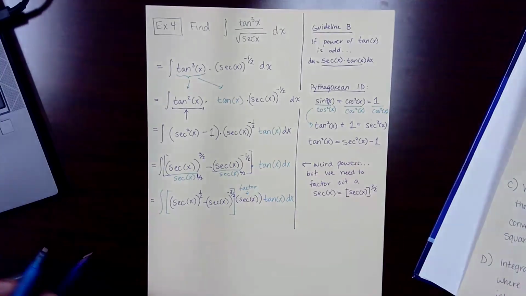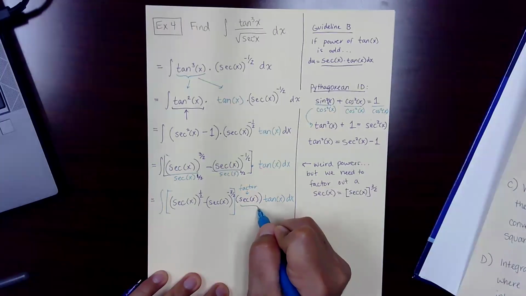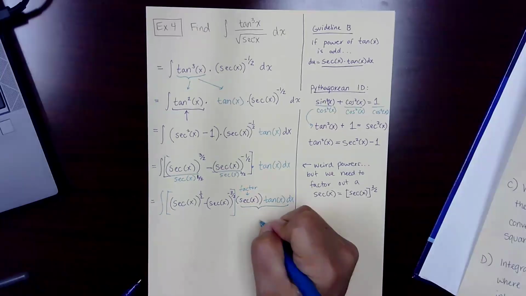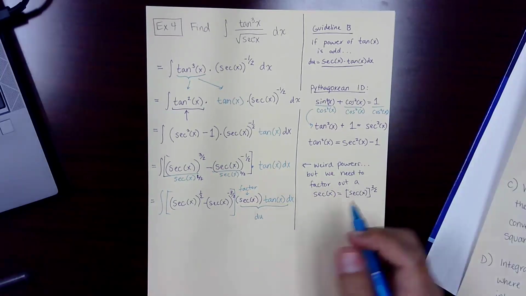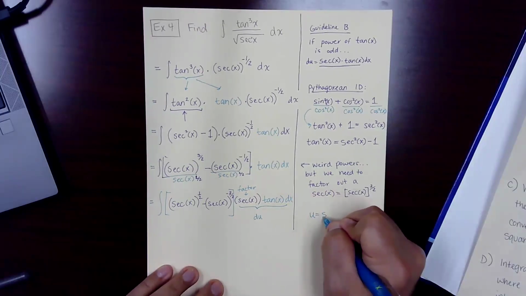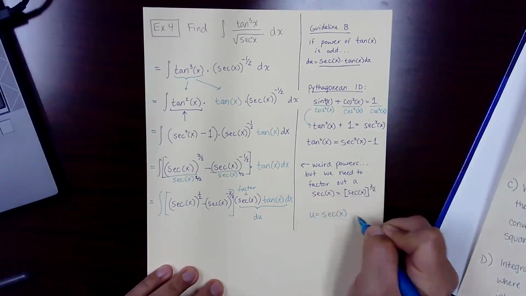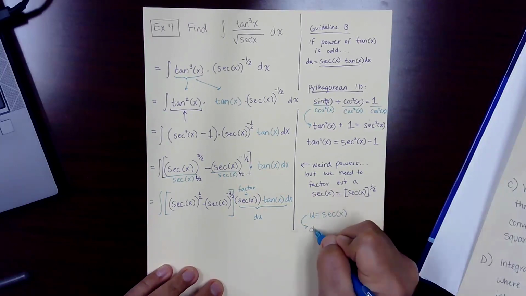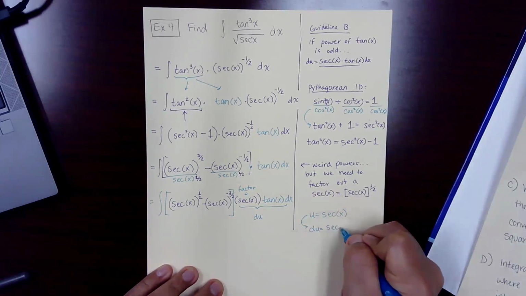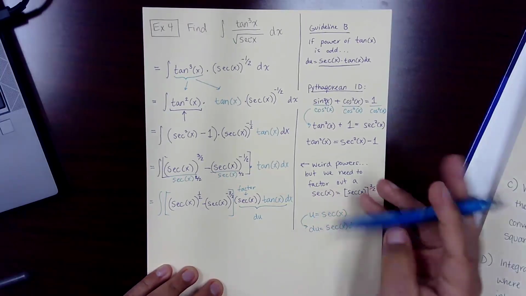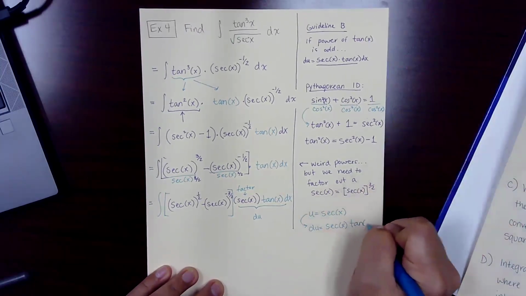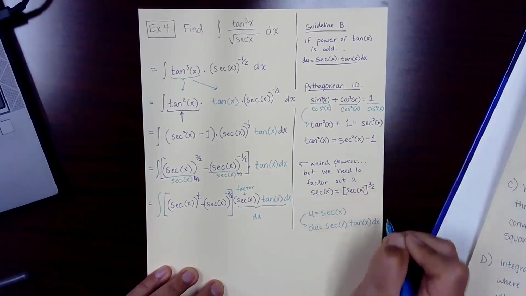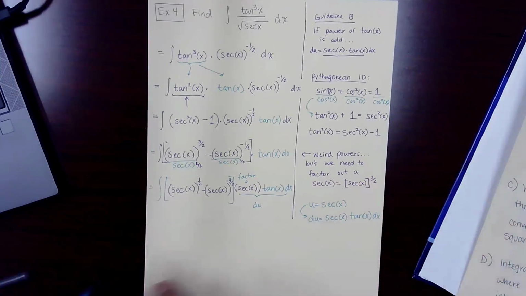So now that we have that, we've done all this algebraic preparation. This secant tangent is what we want to define to be our du, which means u should be equal to secant x, such that du is equal to secant x tangent x dx. And so we can make this substitution.